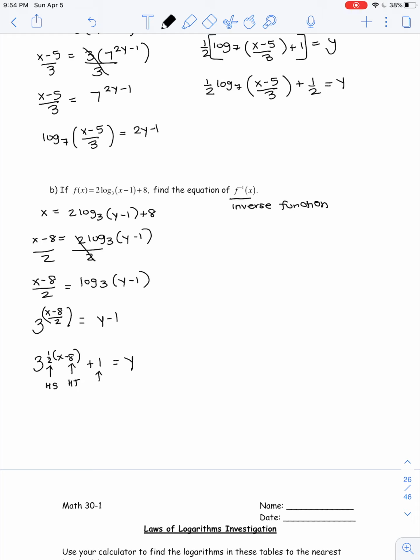This is our horizontal translation. And this is our vertical translation. So those are just little things that we can do to actually see those. And that's it. So that's our final answer. So 3 to the power of 1/2 in brackets, x minus 8, close your brackets, plus 1 on the same level as the 3 equals y.